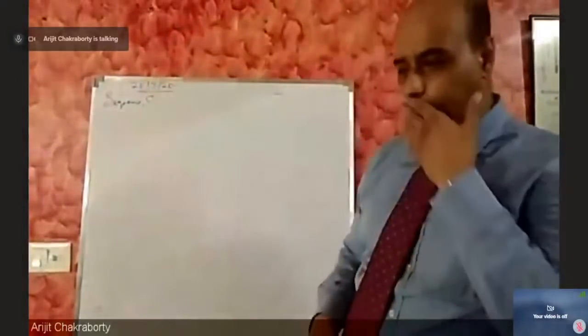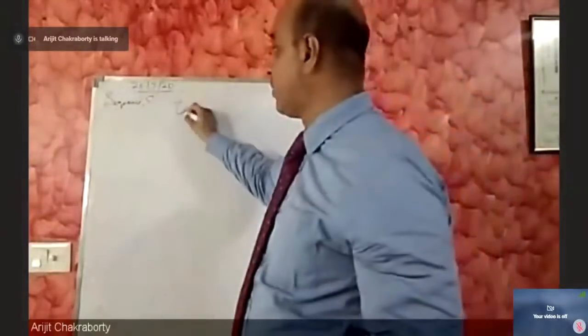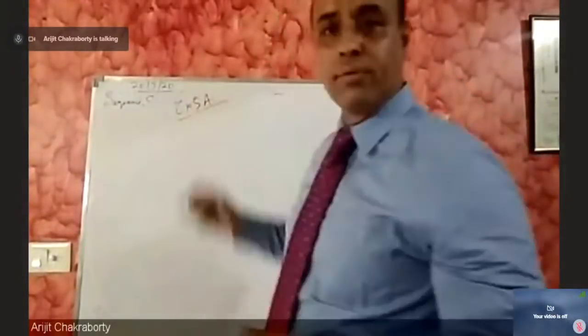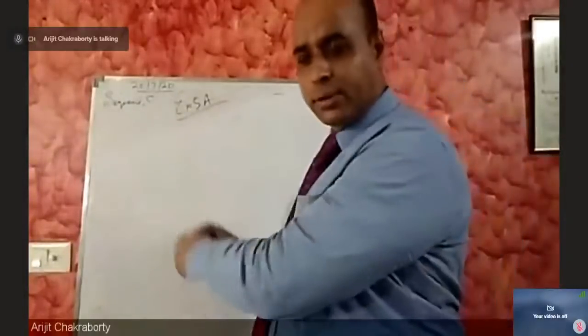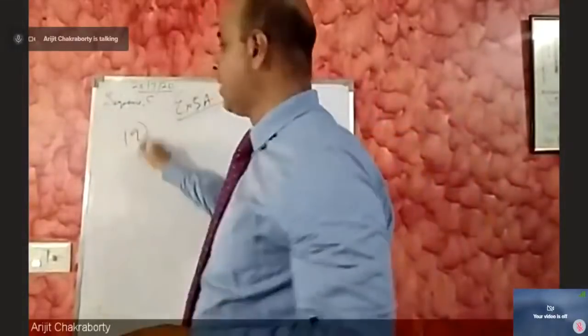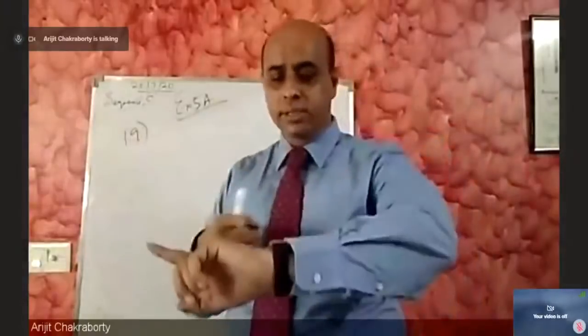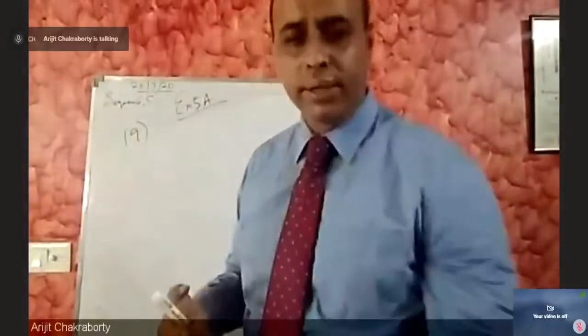Now we take number 19, exercise 5A. This is a critical one. So I have decided to solve it in front of you. Many of our friends have requested me to do it. As usual, you can see it is 4:30, still working together.